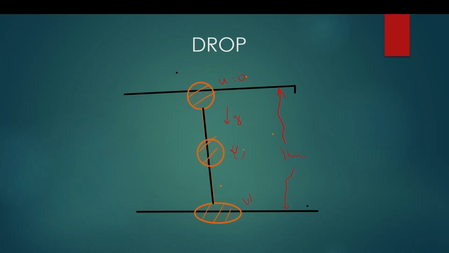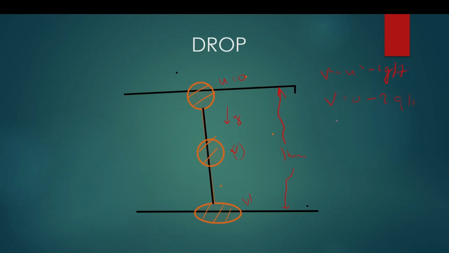Suppose we use the formula v square equals u square minus 2gh. Here v is the final velocity, u is already 0, and h is the height of the drop.